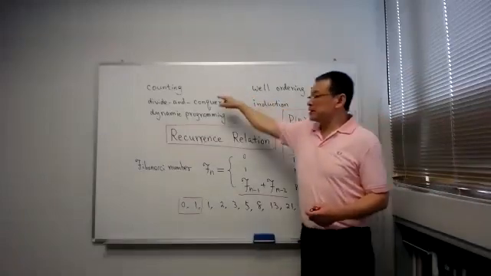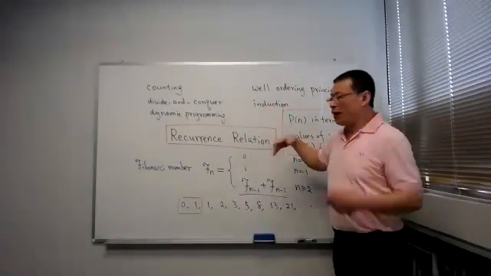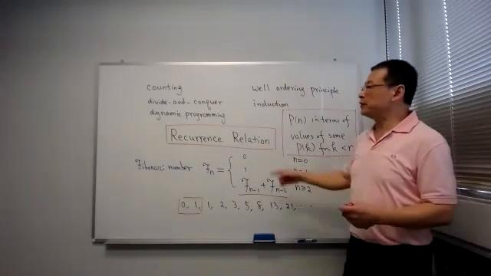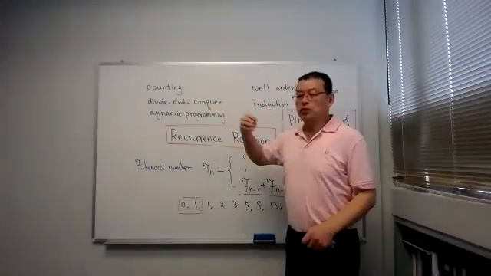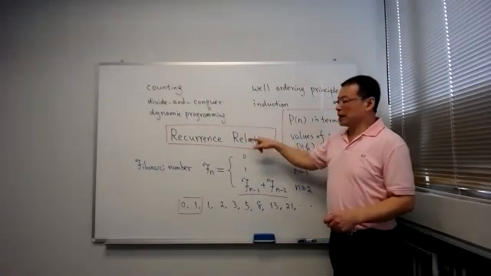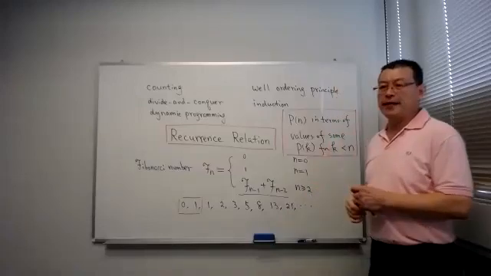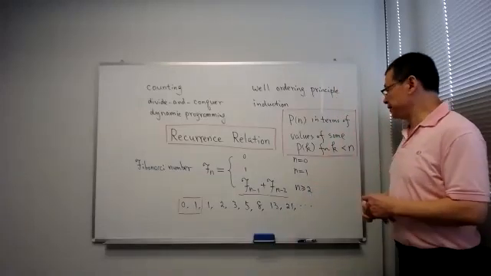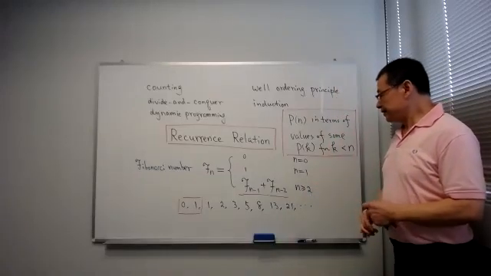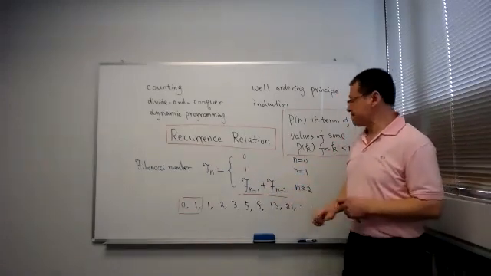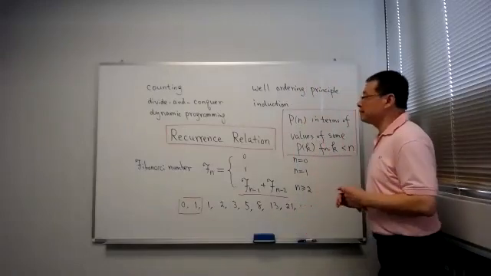So I will touch these examples, or application of this technique, recurrence relation. Later on, when we discuss counting, we'll get more into recurrence relations in order to count things. All right. Okay, counting is very important. Okay. All right. So everyone knows Fibonacci number, so it can be defined in this way, all right? Okay, so let me give you a few examples.